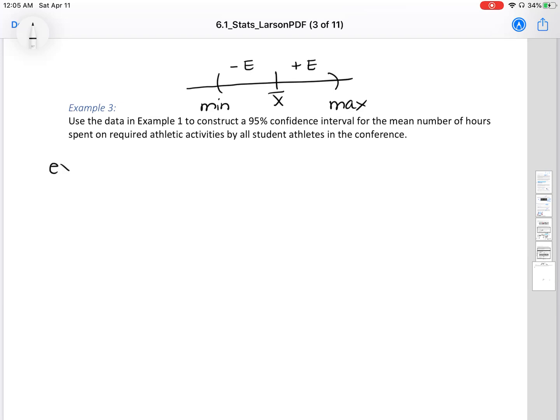So we have set ourselves up to answer this problem. From example 1, we found what x bar is, and x bar is 21.1. From example 2, we found the value of E. We found that E is about 0.7. All right, now let's put that together.